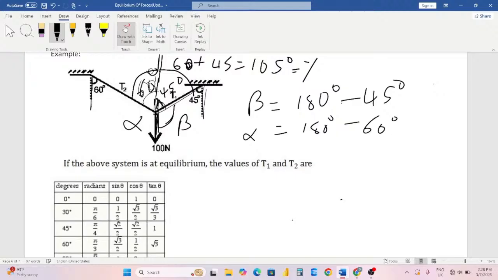If you have any question at this point, you can paste it in the comment section to be explained again. Just for the sake of clarity, the first force acts this way, the second force acts this way, the third force acts this way.